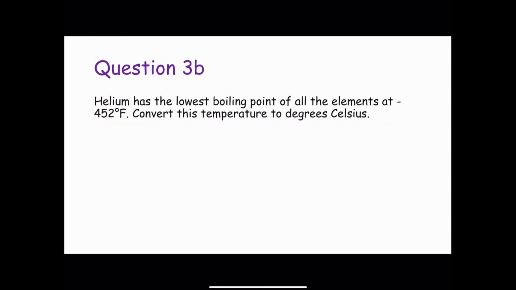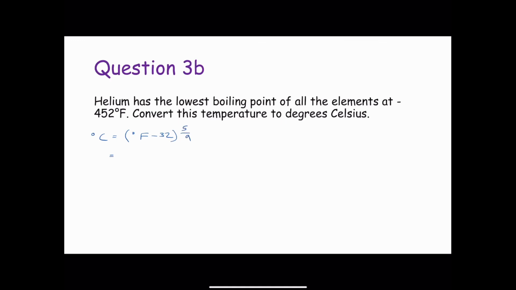Let's try another one. Helium has the lowest boiling point of all elements at 452 degrees Fahrenheit. Convert this temperature to degrees Celsius. So what I'm going to do is use the formula that I derived a couple of slides ago, that degrees Celsius is equal to degrees Fahrenheit minus 32 multiplied by 5/9, like that.